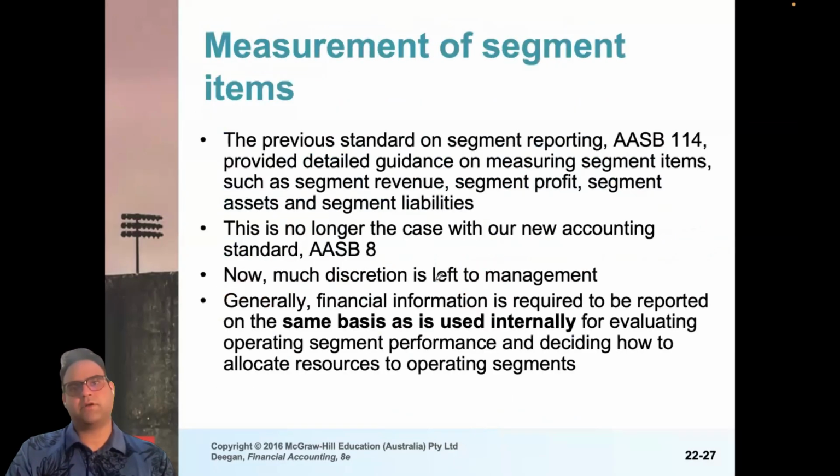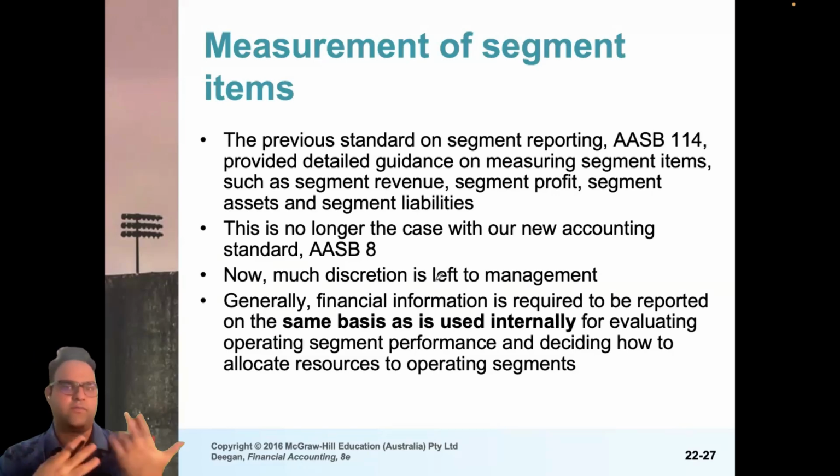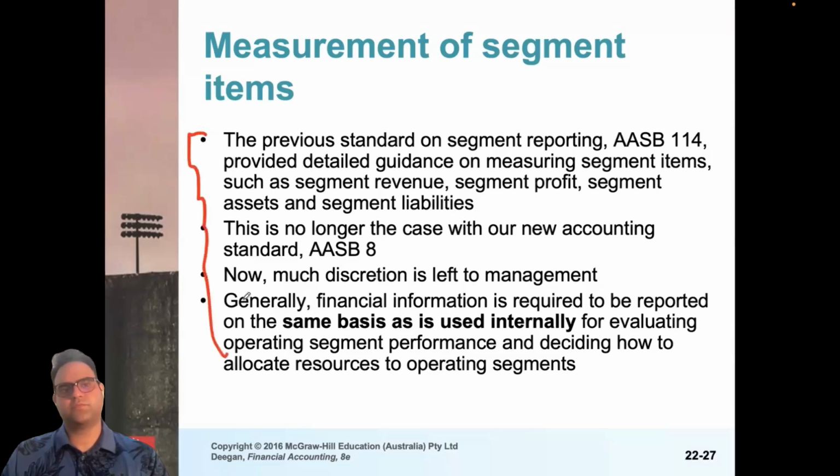Next is the measurement of segment items, like what items should be there. Okay, we have identified which is an operating segment, and which is a reportable segment among those operating segments. So what things need to be disclosed? Before that, there was a certain list of items which were required for disclosure.